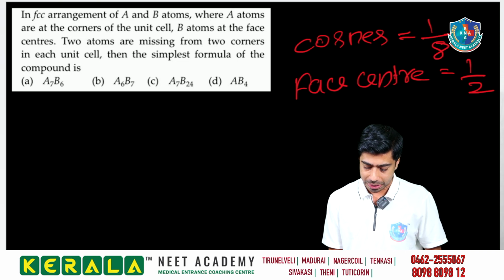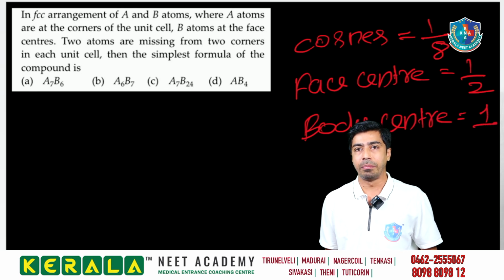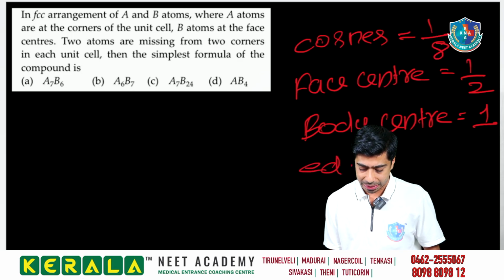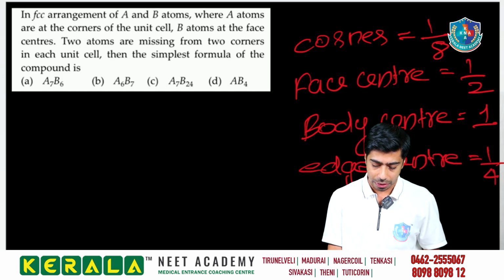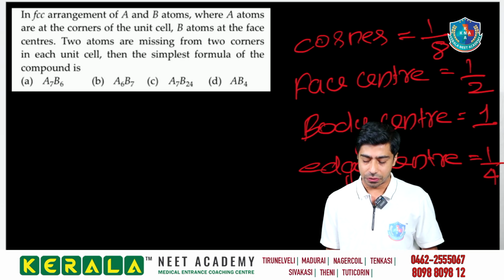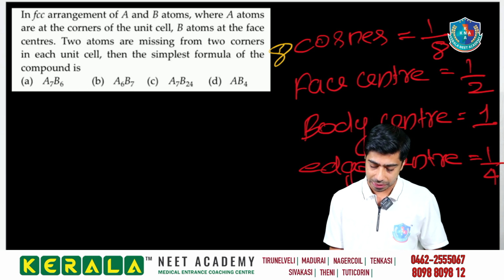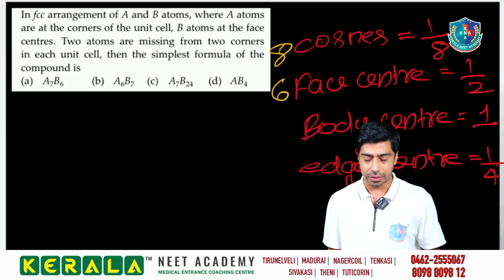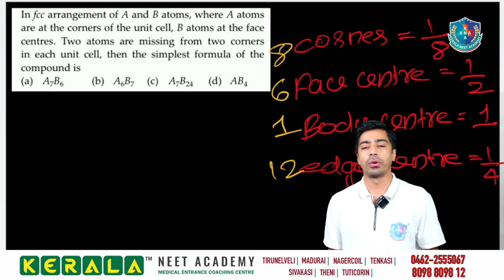When it is present at the body center, that means that particle completely belongs to that particular unit cell. And when a particle is present at the edge center of a unit cell, its contribution will be 1/4. If you take the total number, you'll have 8 corners, 6 face centers, 1 body center, and 12 edge centers for a particular unit cell.